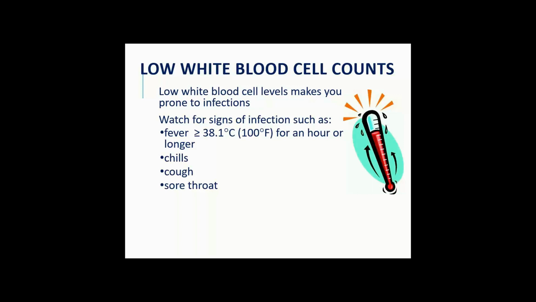Other concerning symptoms, if you start having chills, typically chills are an indicator of some sort of immune activation. Now that can be related to immunotherapy, but it also could be your immune system's activated because you have a systemic infection of some sort. And cough and sore throat can be an indicator of some sort of infection, as well as potentially pneumonias. Next slide.